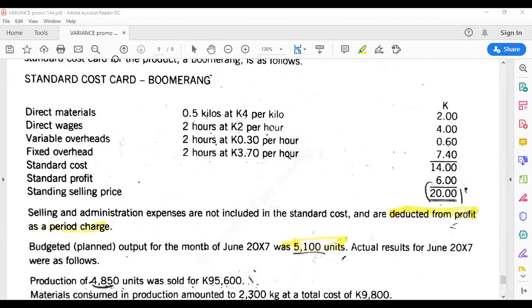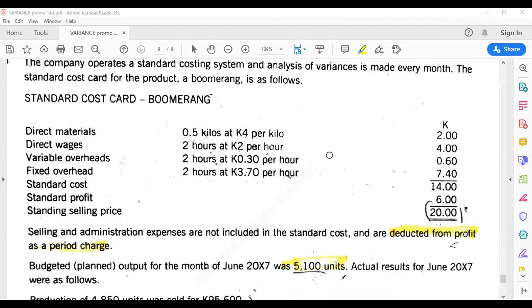When you're dealing with every variance question, make sure you understand the cost card. The cost card is there to help us get out a few things. For example, in this question, if we're preparing the operating statement under marginal costing principles, then the cost card will help us to get the contribution that we need. But if we're preparing under absorption costing principles, which is the AC, that means we're going to go with the net profit, which is also okay.